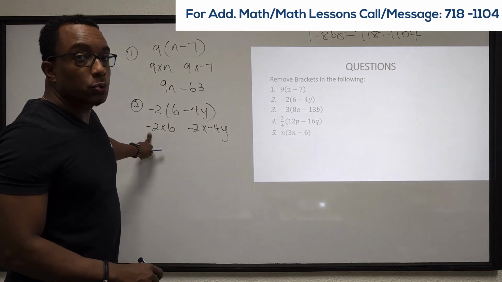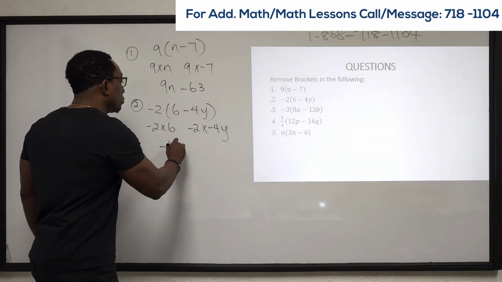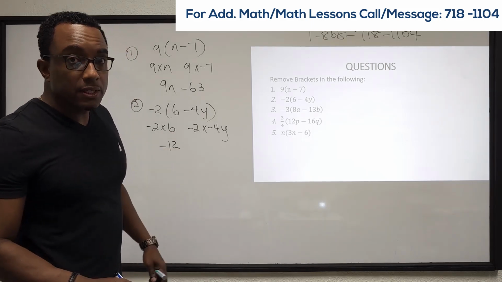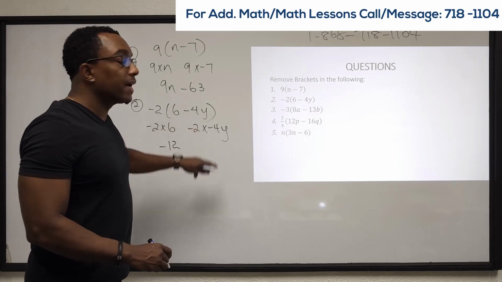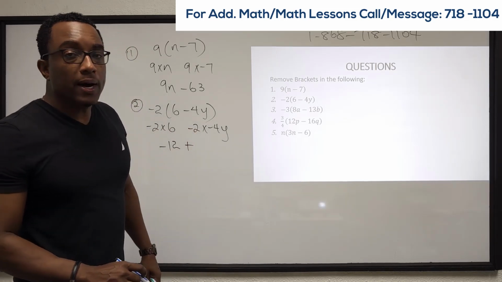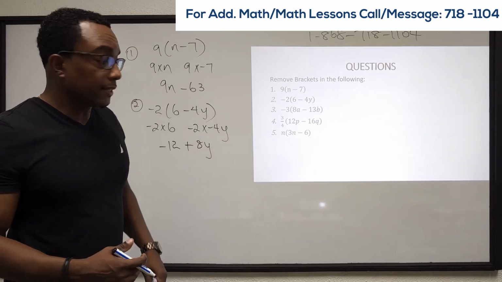So negative 2 by 6, a minus by a plus is a minus, 2 by 6 is 12, and negative 2 by negative 4y, a minus by a minus is a plus, 2 by 4y gives us 8y. So we have removed our brackets.